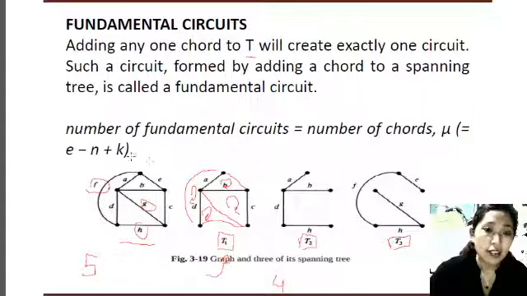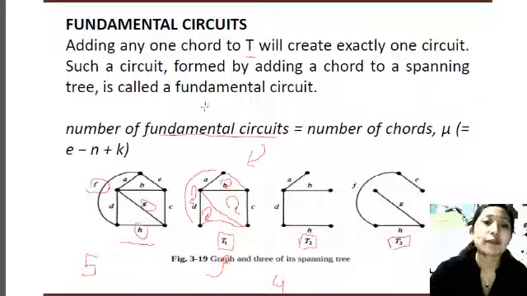The circuit which you have formed by adding a chord from the given graph is called a fundamental circuit. So how many fundamental circuits are possible with respect to each spanning tree? By one chord you are getting one fundamental circuit.